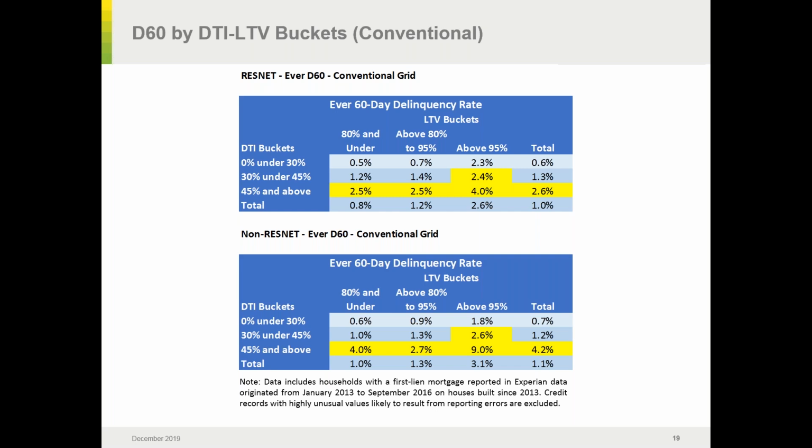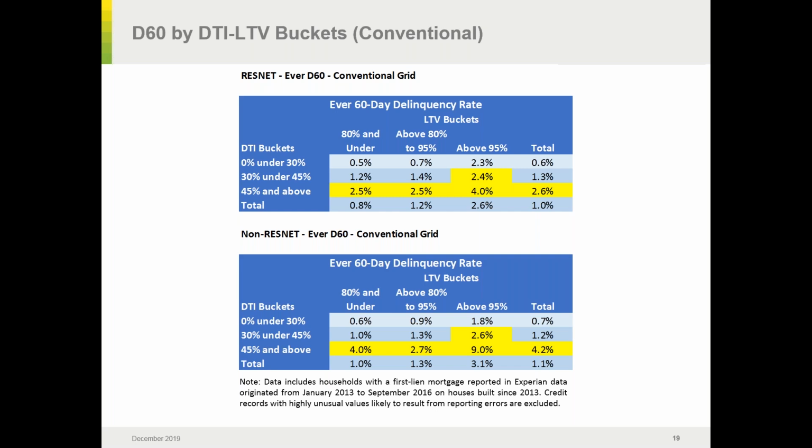But in the non-RESNET space, it's 4.2% that ever go 60 days delinquent. And that's consistent for the other buckets across the top, which are the loan to value ratios, whether we're talking about 80%, different values, even above 95%.